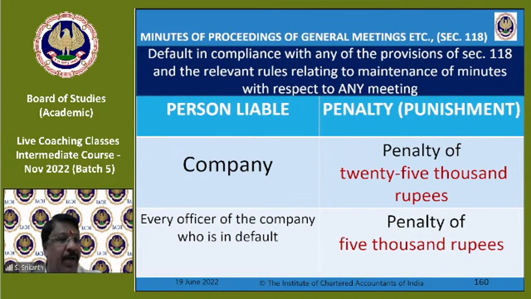EGM minutes not prepared and signed, 25,000. Board minutes not prepared and signed, 25,000. Earlier, this was 500 rupees per meeting. Then it became 5,000 when the 99 amendment came. And finally, today they made it 25,000.